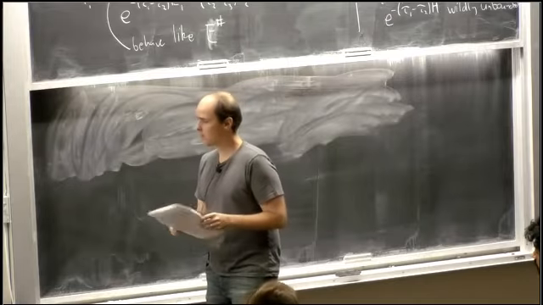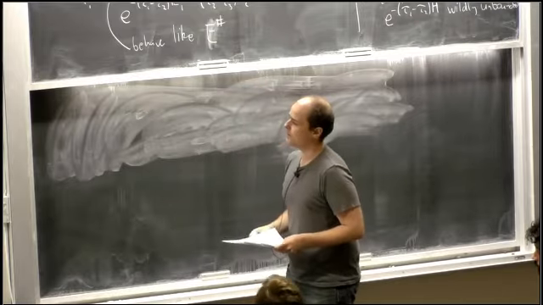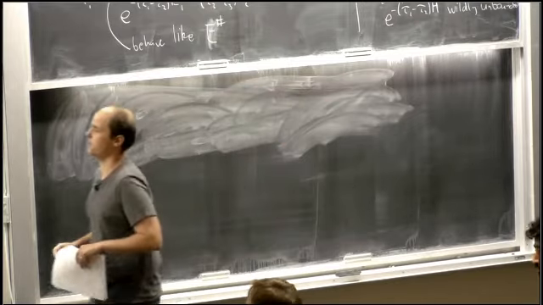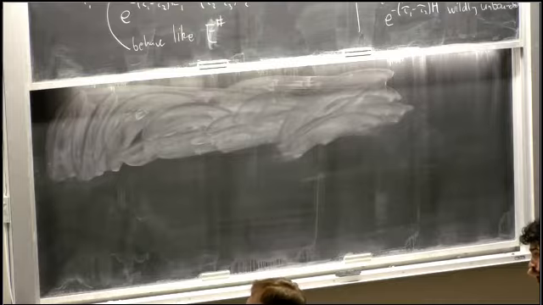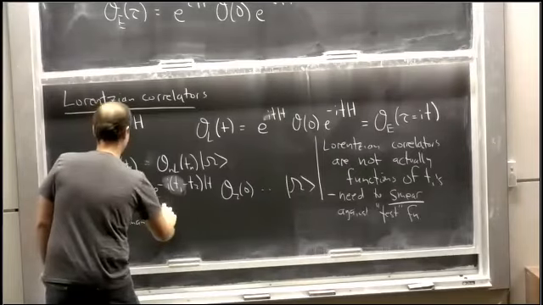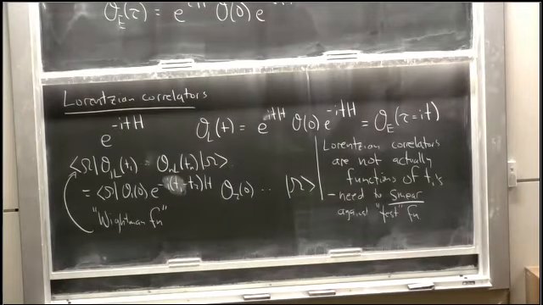So the technical statement, first of all, let me define some terminology. I said that you can consider Lorentzian correlators in any order you want. If we fix an ordering, then this thing is generally called a Wightman function, and I'll adopt that terminology from now on.